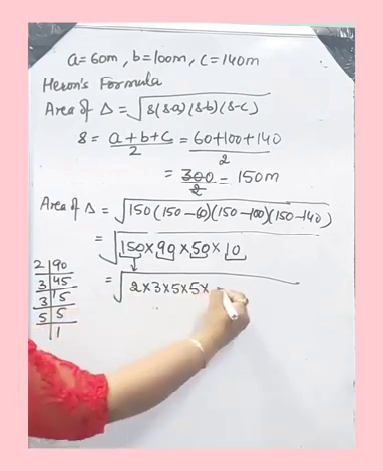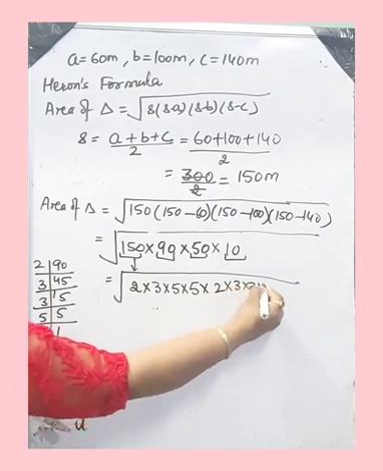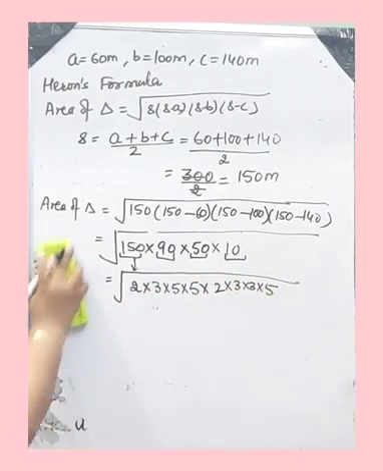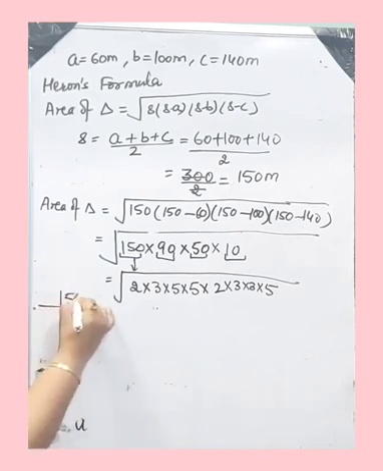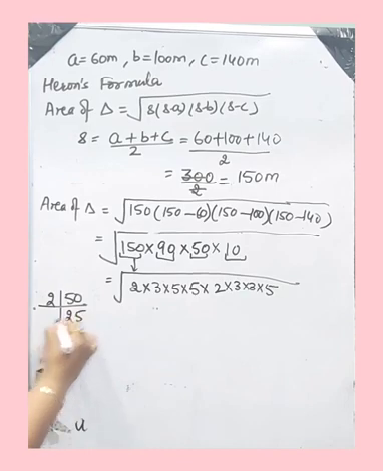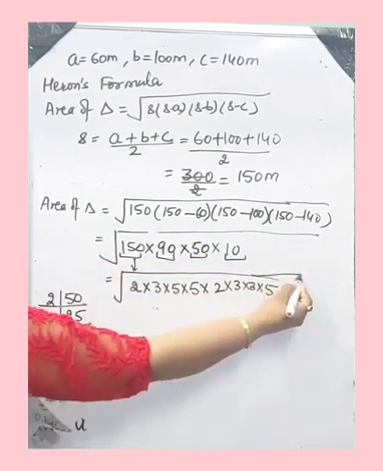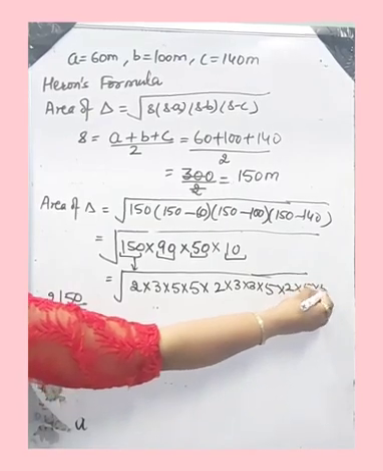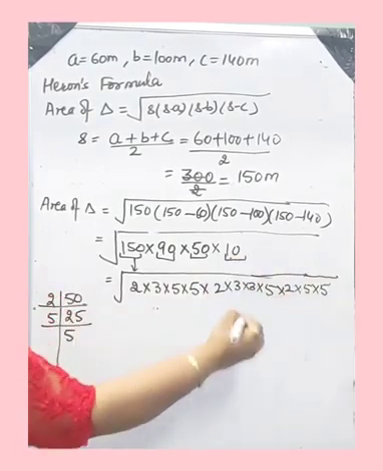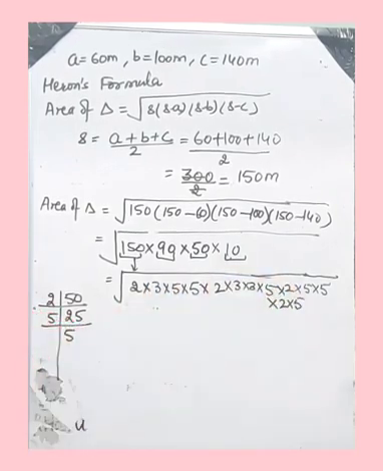Now prime factor of 90, 2 into 3 into 3 into 5. Now we have to find the prime factor of 50. Prime factor of 50 are 2 into 5 into 5. Now in next step we have to find prime factor of 10, and we know that 2 into 5 equal to 10.